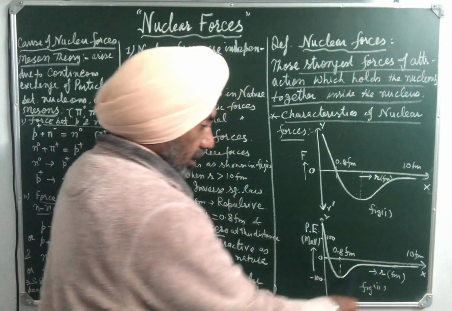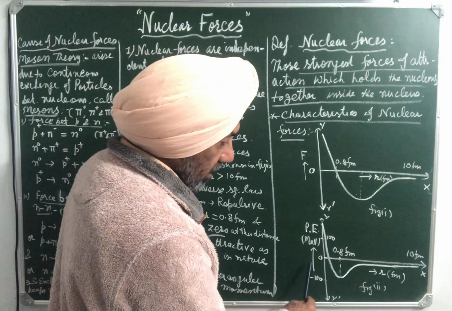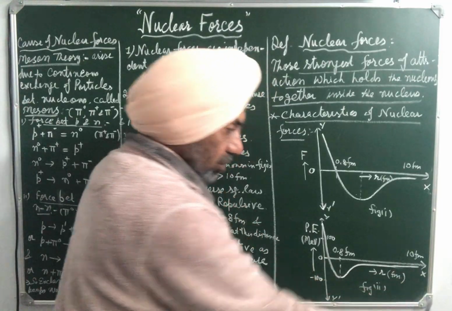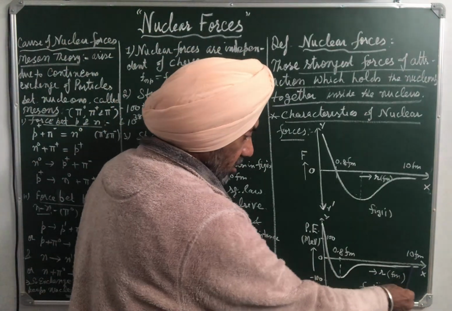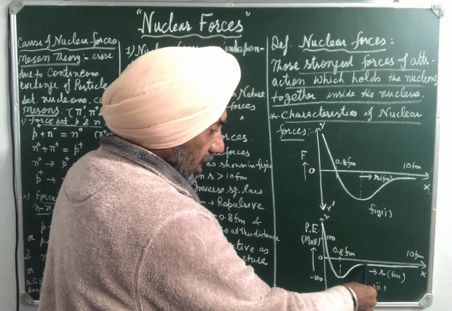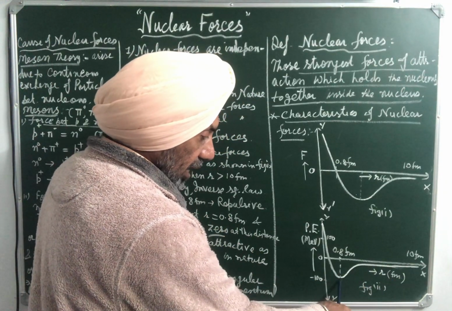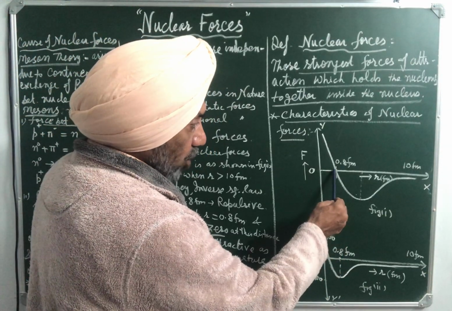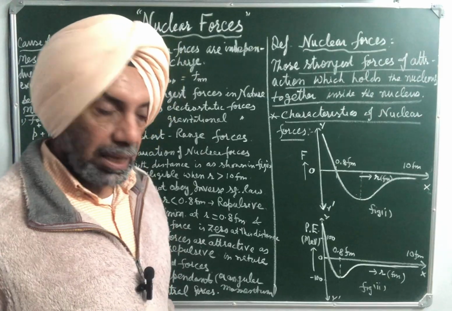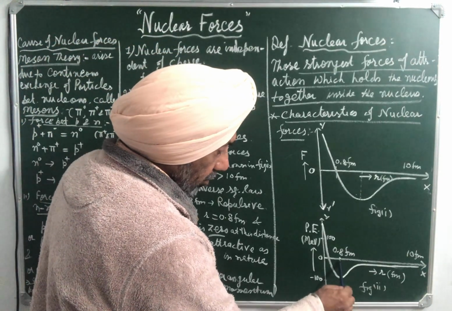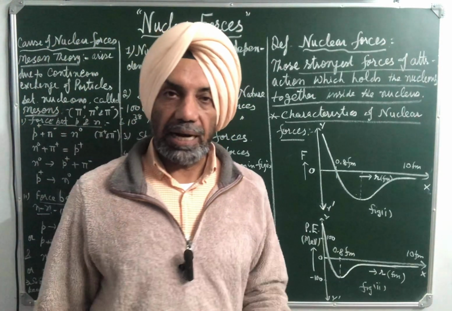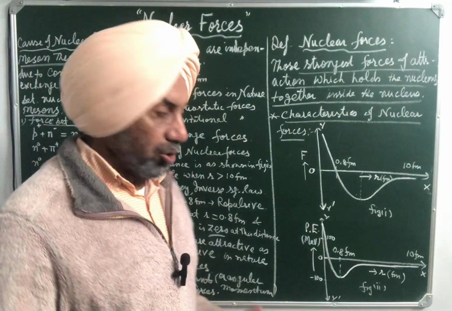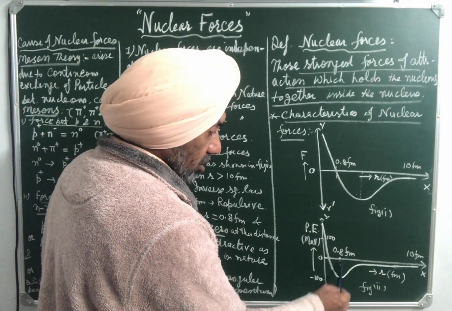Similarly, if we see the variation of potential energy in MeV with distance, when it is far away, more than 10 Fermi, potential energy is negligible. Then the negative potential energy starts increasing, and it becomes maximum at this point, 0.8 Fermi. This is the minimum potential energy, you can say, because it is negative, and the nucleons are in a more stable state.